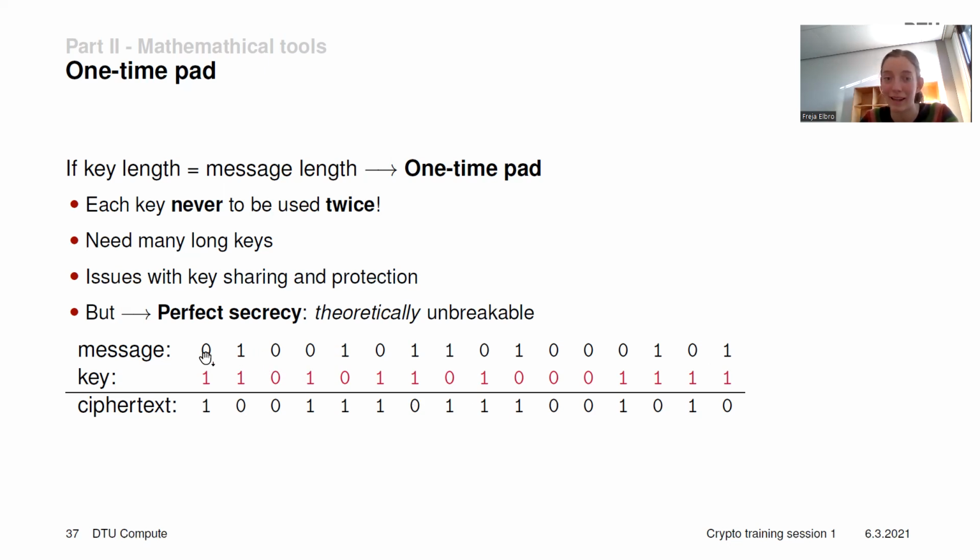In fact, any message of this length could be encrypted to the ciphertext. You just need to choose the correct key. So just given the ciphertext, there's nothing you can say about the message at all. And that's quite spectacular. This is the only cryptographic cipher that has this property, the only one that I know of, at least. There might be others, but this is a standard one to mention.